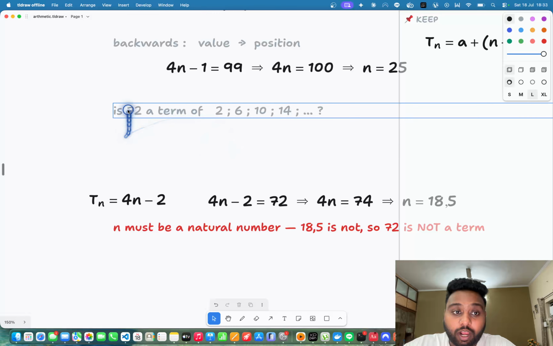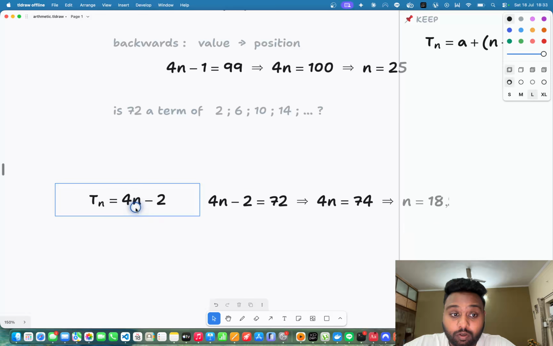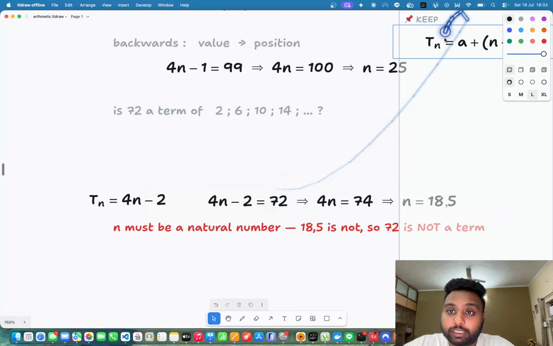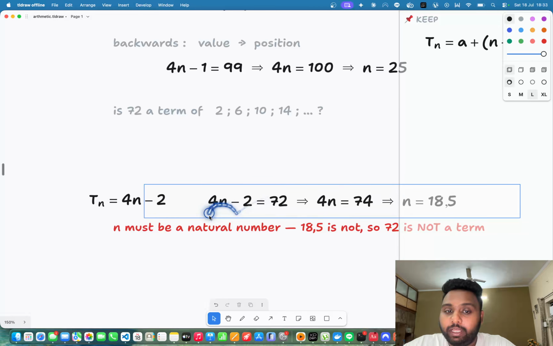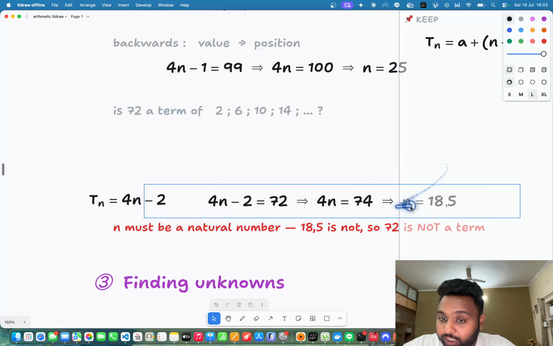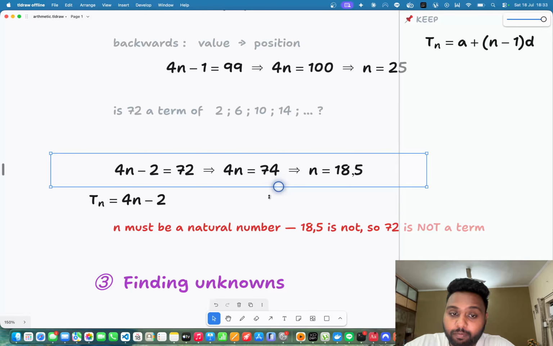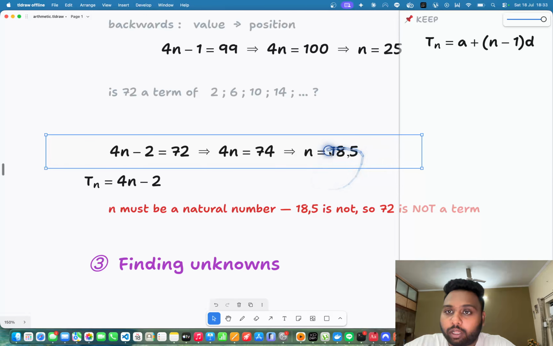Now we are asked, is 72 a given term of this sequence? We have the general formula, which is 4n minus 2, which we just derived, and we have 4n minus 2 equal to 72. Now we put 72 as t of n. Let's try to find the n for which 72 will be in the sequence, for which we get the answer of 18.5, which, as you can guess, is not correct.